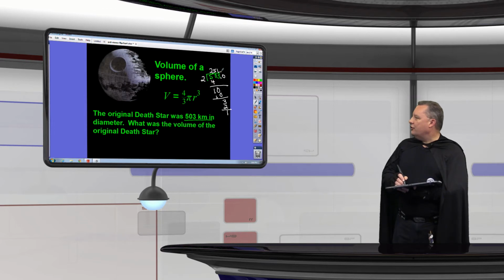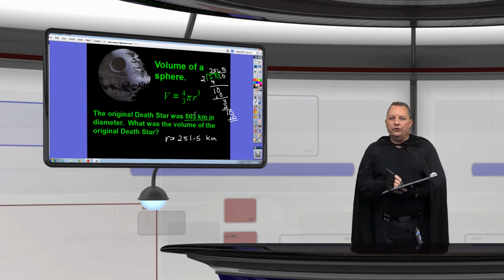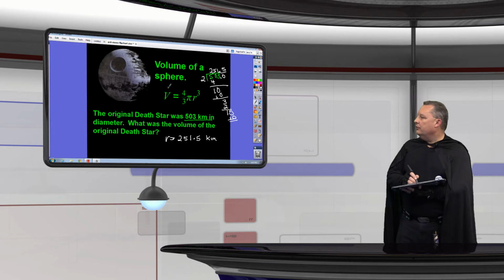Remember, when I'm doing long division, I have to keep the decimals lined up. 2 goes into 10 5 times. So the radius, r, is equal to 251.5 kilometers.